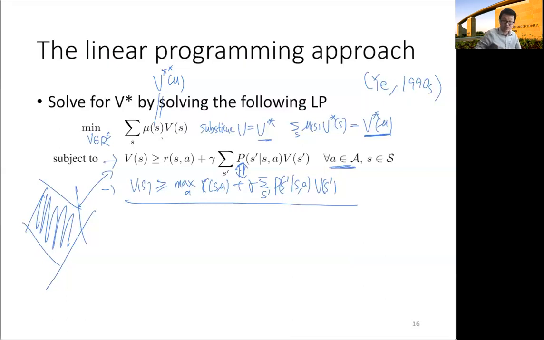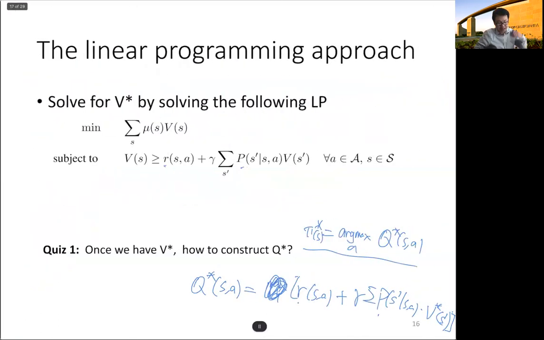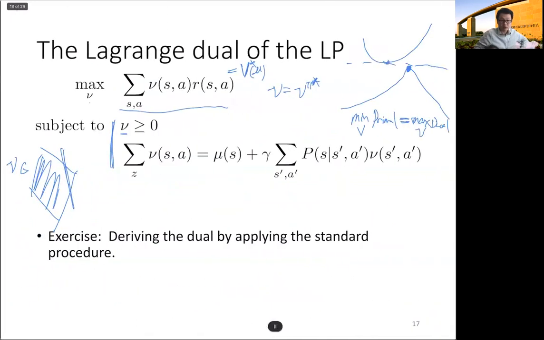So this is the underlying reason why we are seeing this very nicely looking symmetry between the occupancy measure and the value functions, because they are indeed coming from the two sides of the same coin, which can be formalized using the duality of the linear program.